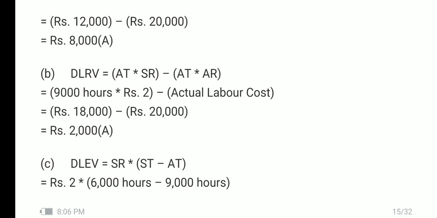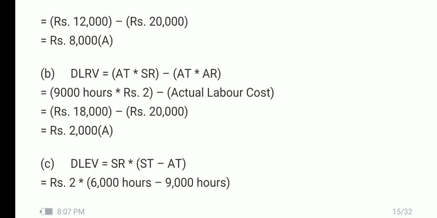Now, DLRV, labor rate variance, is equal to actual time into standard rate minus actual time into actual wage rate. Now, 9,000 hours actual time taken, it is given in the problem, 9,000 hours into standard rate of rupees 2 will give us 18,000 rupees. AT into AR means nothing but actual labor cost. Actual labor cost is already given, rupees 20,000.